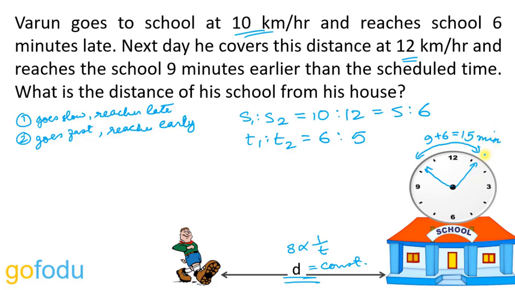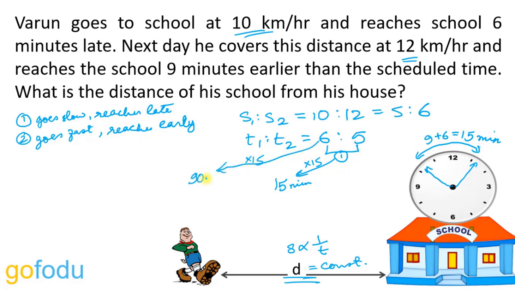This difference is 15 minutes, which on ratio scale is 1, since 6 minus 5 is 1. So this difference in T1 and T2 is 1 on ratio scale, which corresponds to 15 minutes in actual value. So the multiplying factor is 15, and T1 when he goes slow would be 6 into 15.